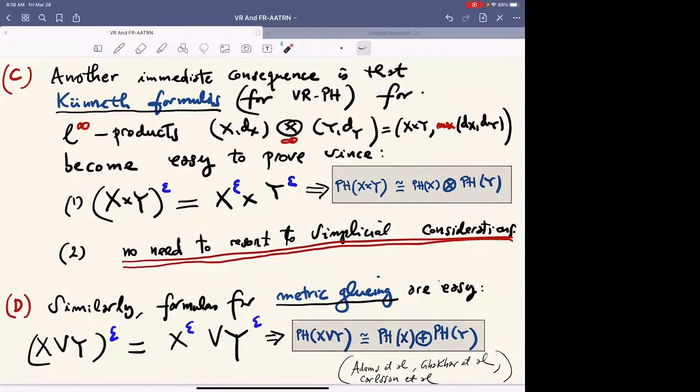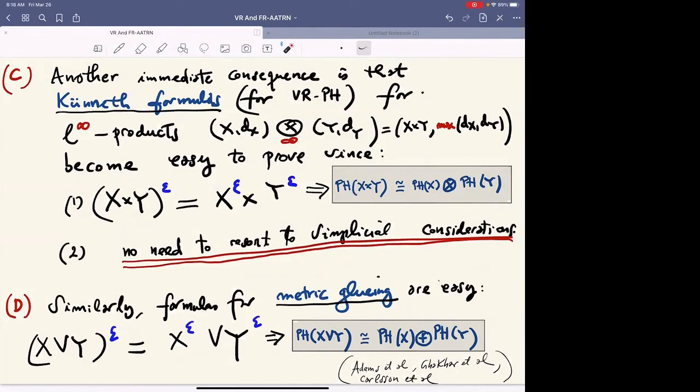Some other immediate consequences are Künneth formulas and formulas for the persistent homology of metric gluings. These happen to be a little bit simpler to prove in the context of Kuratowski filtrations as opposed to directly trying to prove them at the simplicial level.